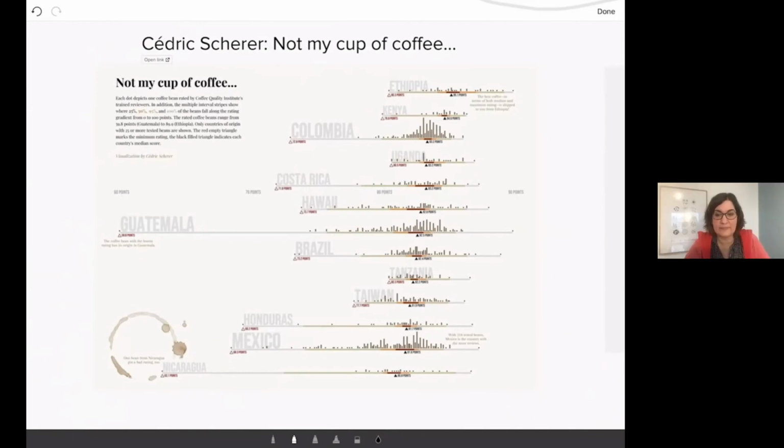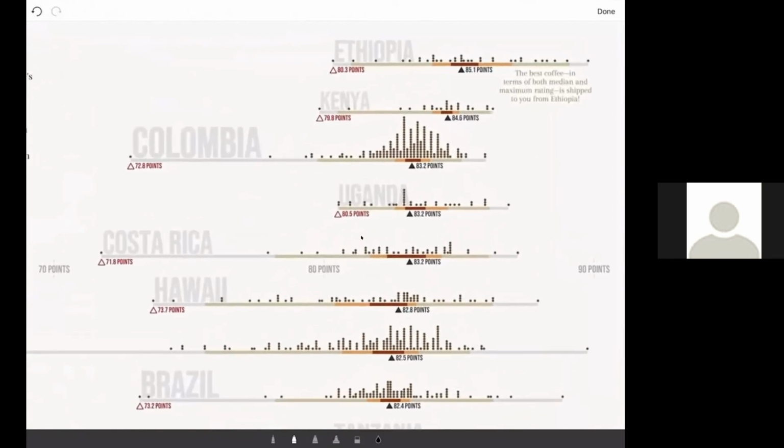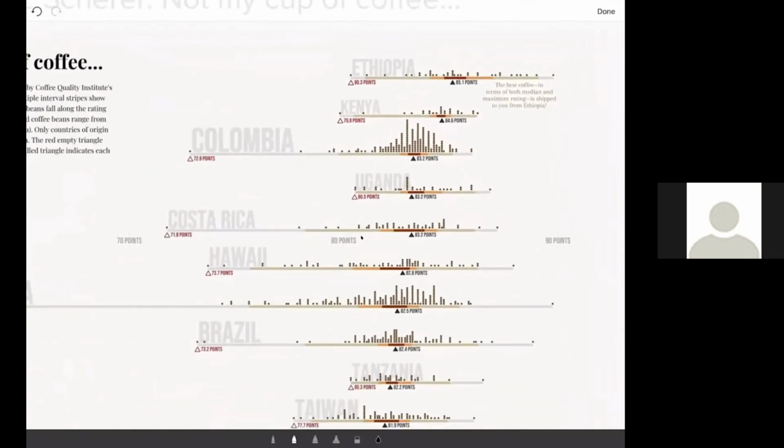When I first saw this, at first glance, I didn't think this was consistent scaling, like lowest and highest points. Also, I didn't get how many samples were tested, like total volumes for Ethiopia, Kenya, or Colombia. I pretty much didn't have any indication about that.